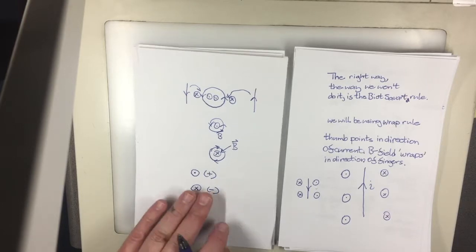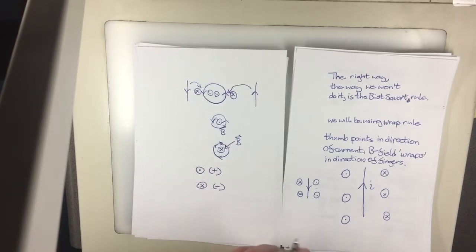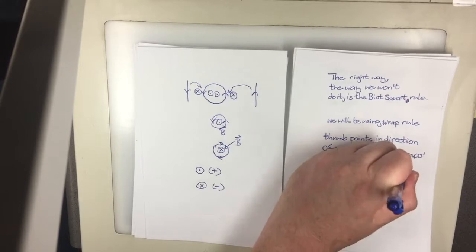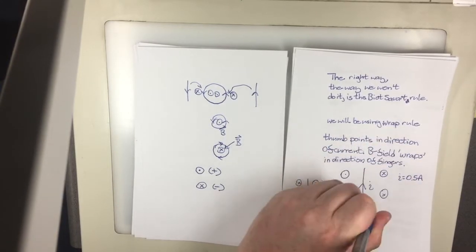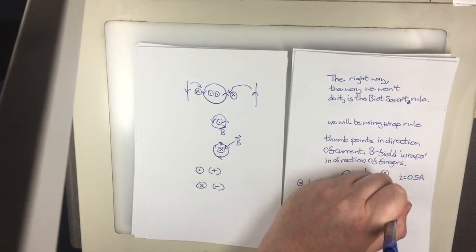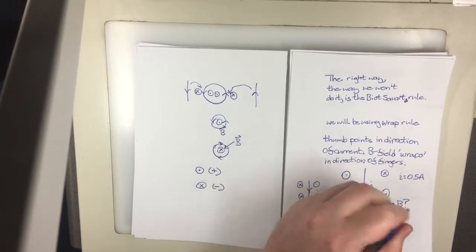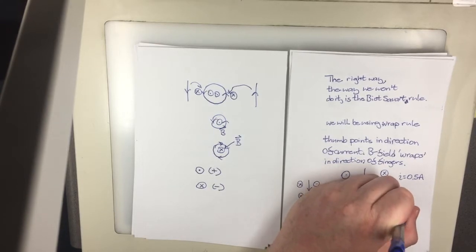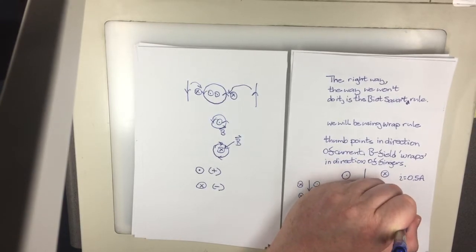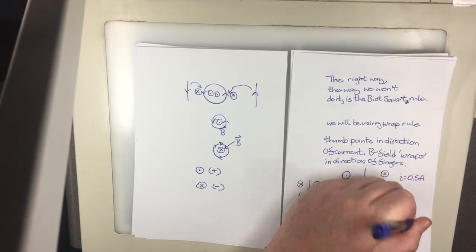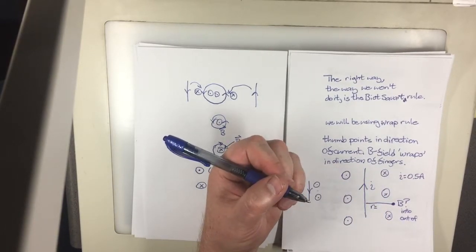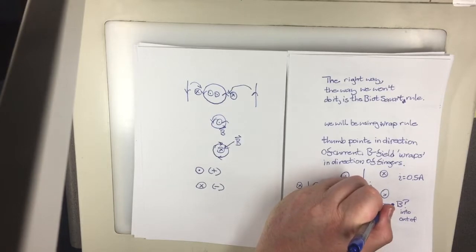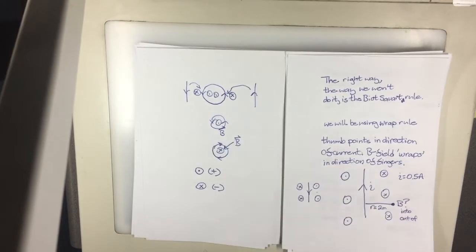So in the situation where I have 0.5 amps, what is the B field at a point, and is it into or out of the page, if that distance was 2 meters?